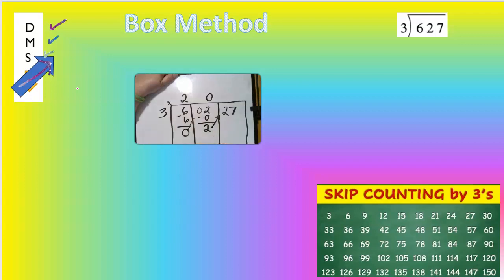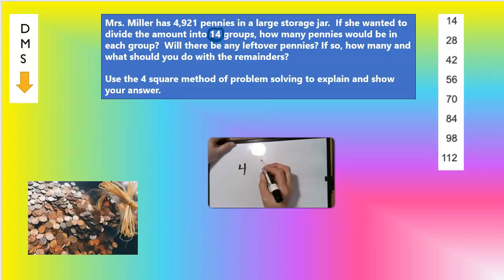How many times does 3 go into 27? 1, 2, 3, 4, 5, 6, 7, 8, 9 times. That's my division step. 9 times 3 is 27. Subtract, no remainder.